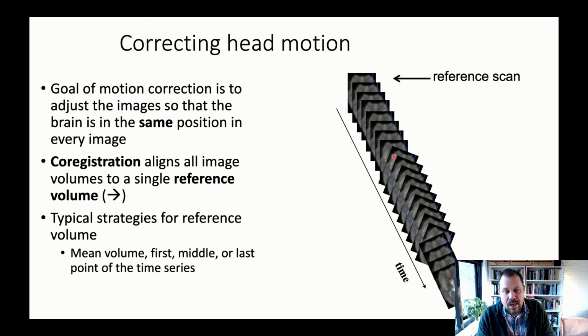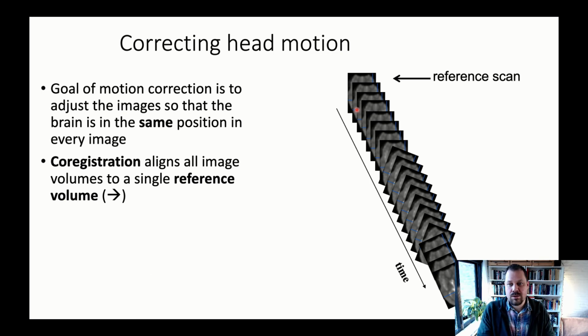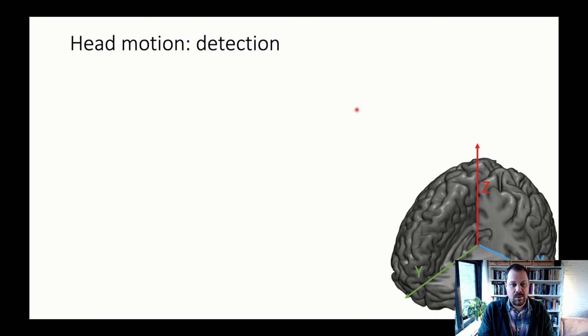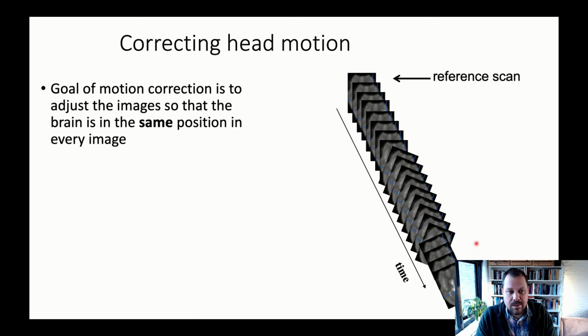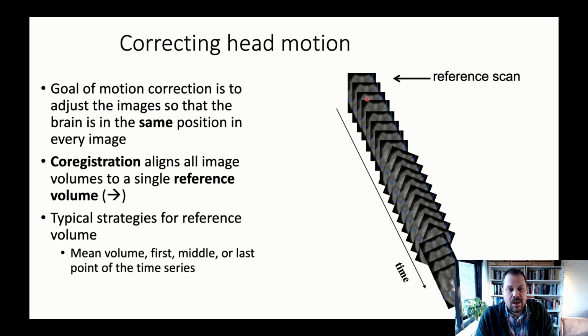And then you go through the entire series, 500 to 1,000, and estimate the deviation of each image in all of the directions that I showed you here. Let me show you again. In the X, Y, and Z directions, but also in the rotations in all of these dimensions, right? So there are 6 parameters that we're estimating that give us an idea of how much movement has taken place in these 6 dimensions.